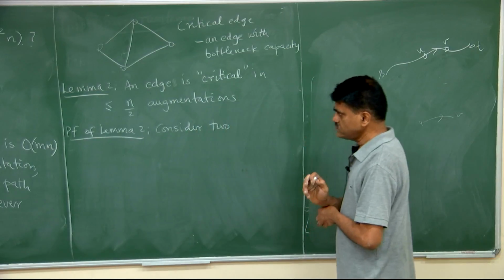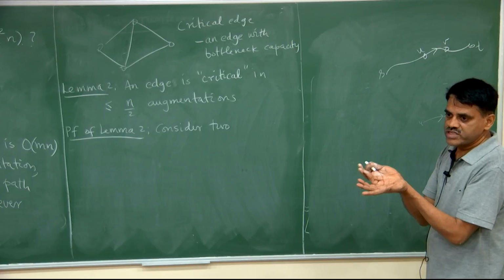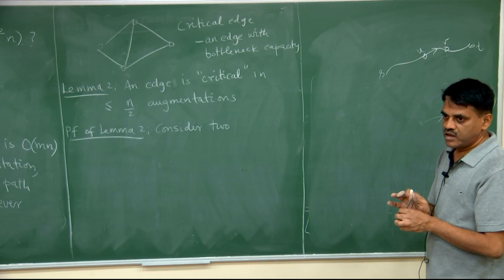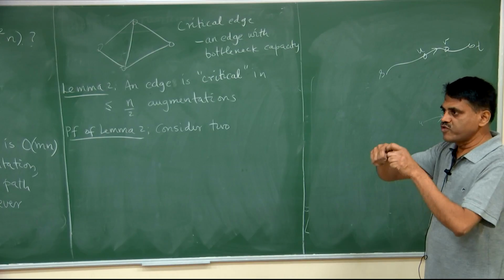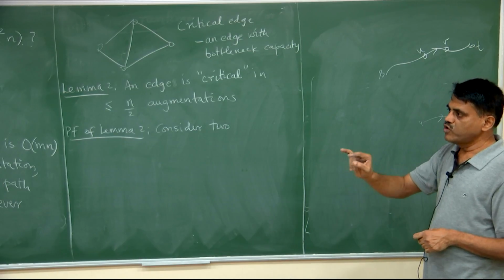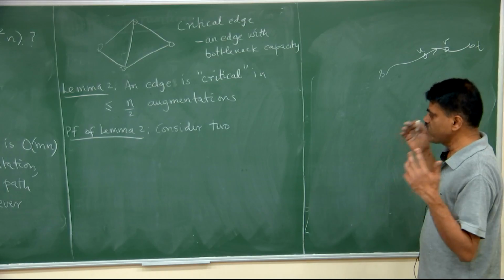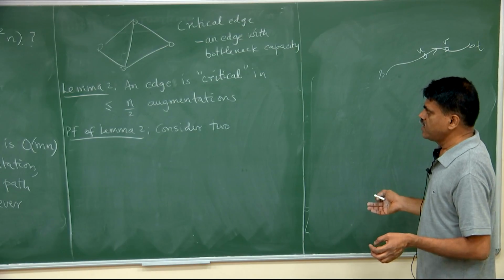Okay, and every augmentation has some edge which is critical, right? Because that's how we augment. We find the maximum possible we can allow and send flow. So one of those edges will become critical. So every augmentation has some edge critical.